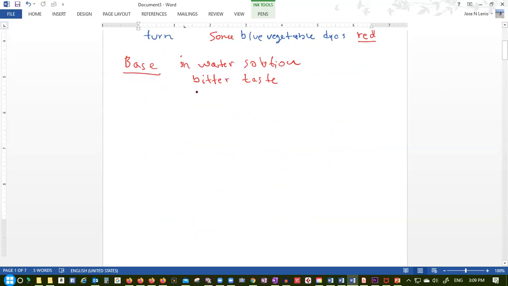Also, bases have a caustic action, but this time on organic tissue.